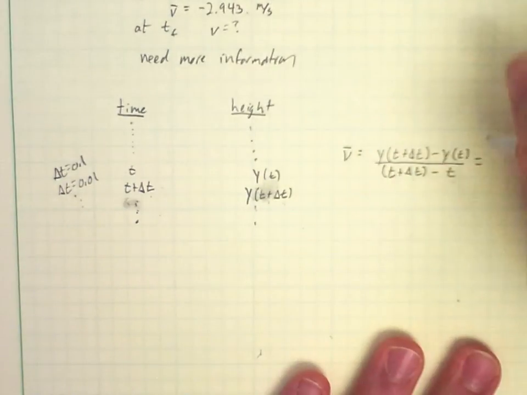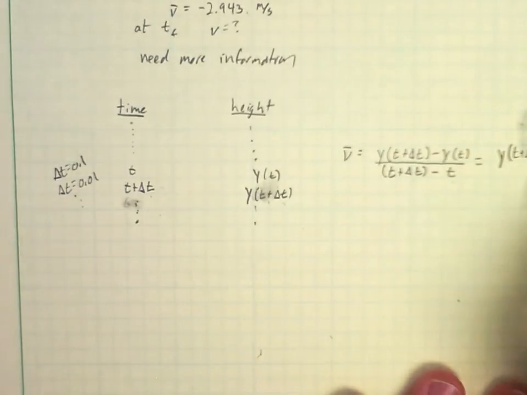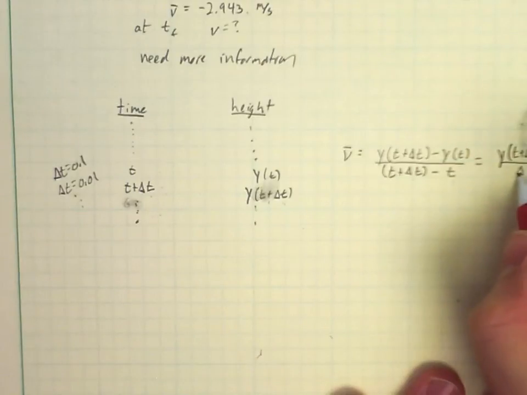If we simplify that a little bit, we get y of t plus delta t minus y of t over delta t. Or the other way to say that is simply that we have delta y over delta t.